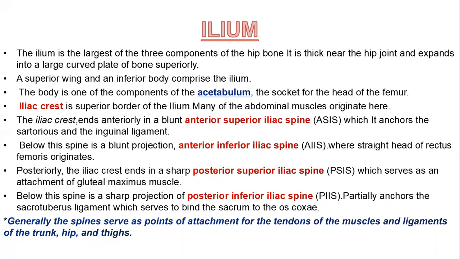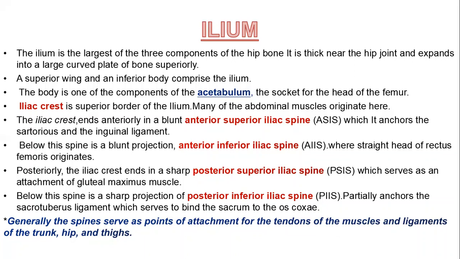The iliac crest, just described above, ends anteriorly in a blunt anterior superior iliac spine, also denoted as ASIS, which anchors the sartorius and the inguinal ligament.